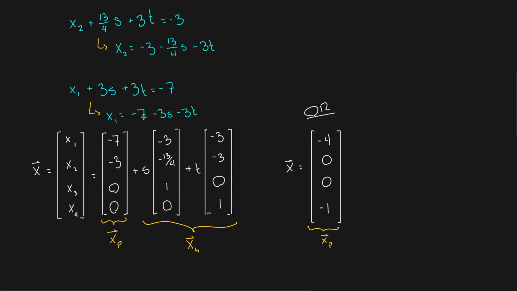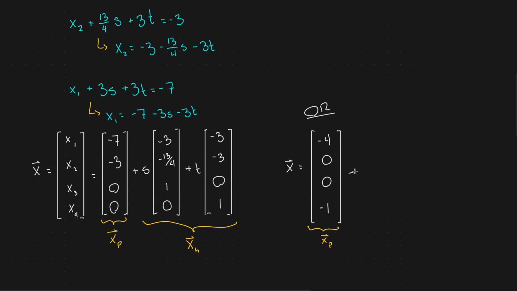Okay. Similarly, there are different ways I could talk about my homogeneous solution. What I have here are two direction vectors, right? And I'm scaling them. And I'm saying that any scalar multiple of these direction vectors added to my particular solution here would still be a solution to the system. Well, if that's the case, then I can scale these vectors, for example, and still have a solution to the system of equations.